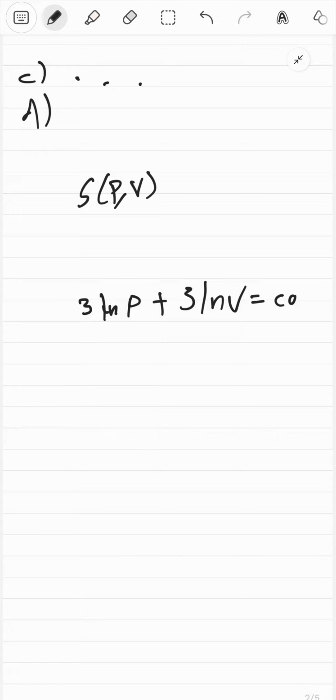I don't know what I should do. How am I going to find this thing? If T dS is 0, then there is no hope, because you only have this one equation. You don't know the exact form of the entropy.